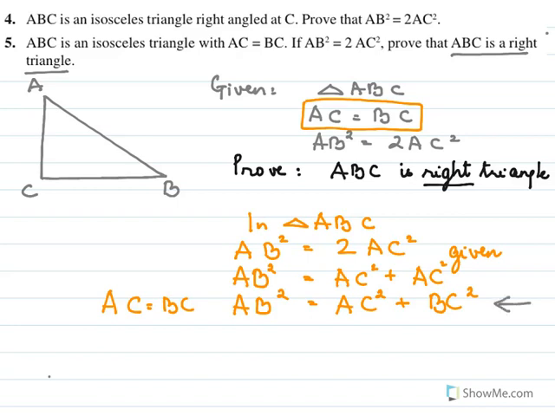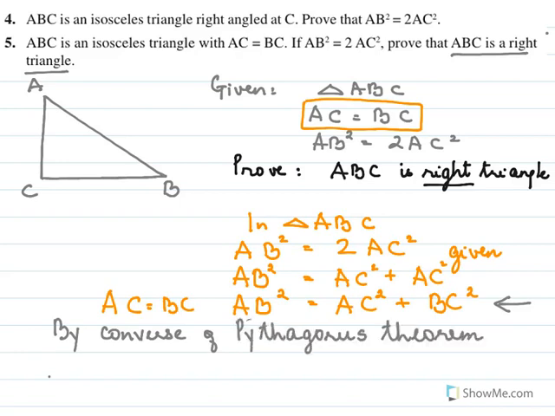Now this looks something like converse of Pythagoras. So by converse of Pythagoras, I can say that AB is a hypotenuse. So by converse of Pythagoras, I can say triangle ABC is a right triangle.